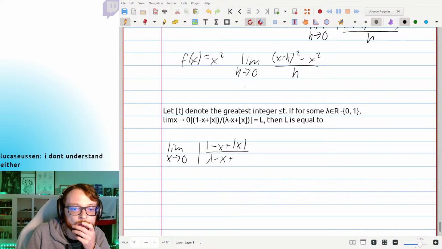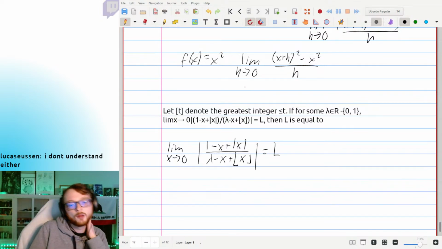So greatest integer function is like floor.